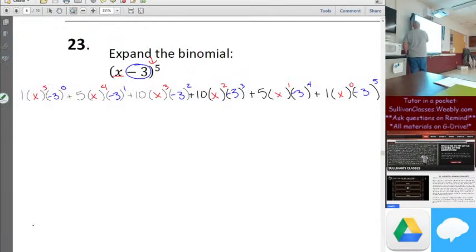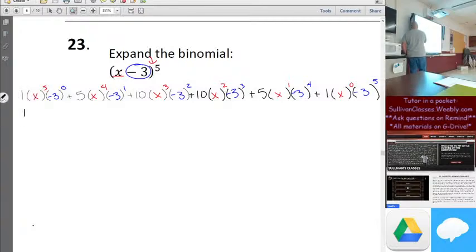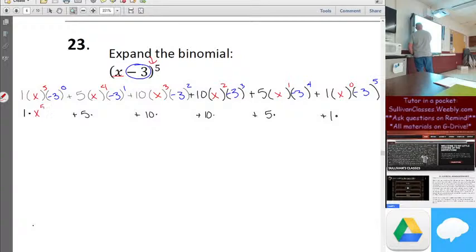And then simplify. Now, if you need to, next to each of these, write 1 times thing, plus 5 times thing, plus 10 times thing, plus 10 times thing. You don't have to do this. It helps some people. Writing out what this is: this is x to the 5th, x to the 4th, x to the 3rd, x to the 2nd, x, and 1.